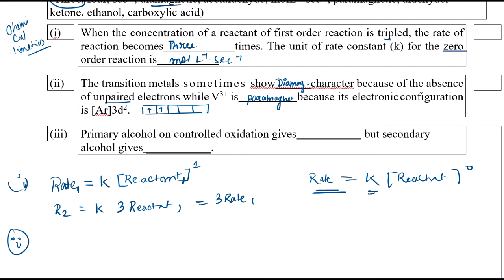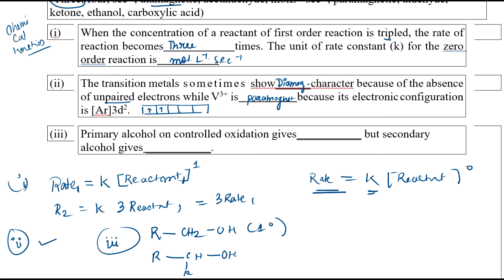Then we have: primary alcohol on controlled oxidation gives dash, but secondary alcohol gives dash. Primary alcohol has the formula RCH2OH, and secondary alcohol we can consider as R2CHOH.